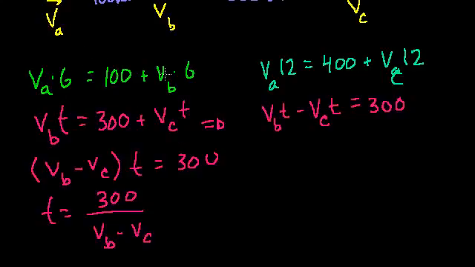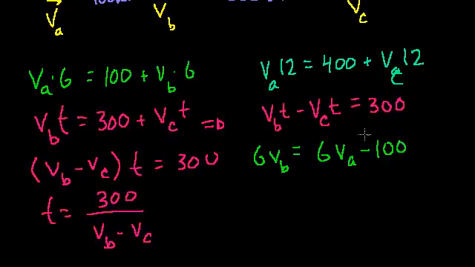Let's solve for VB, for Bill's velocity. So if we divide both sides by 6, well, let's subtract 100 from both sides. So you have Bill's velocity times 6, that's just that, is equal to 6 times Alice's velocity minus 100.